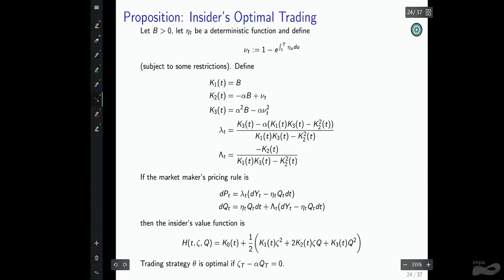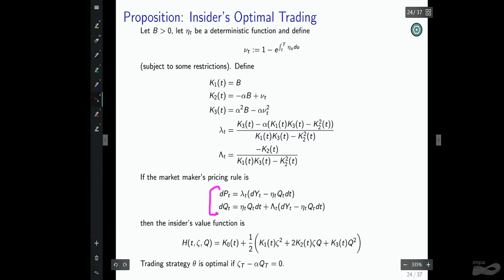Okay, so this is why we needed this huge simplification. This is the other side of the divide and conquer. What we're going to do, in some sense, is fix the pricing rule and the inventory estimation rule and try and figure out what the optimal trading strategy is going to be. So this is a huge mess. I think the way I should have written this slide is I should have started down here. Okay?